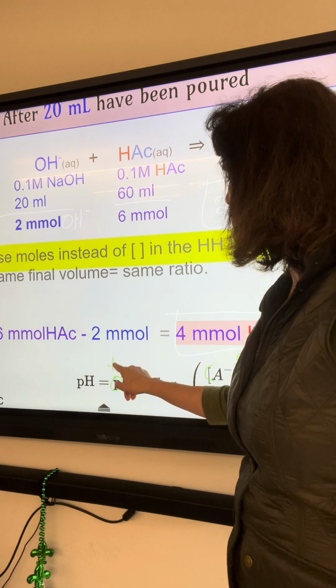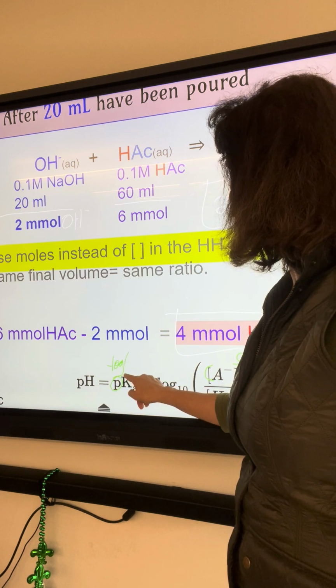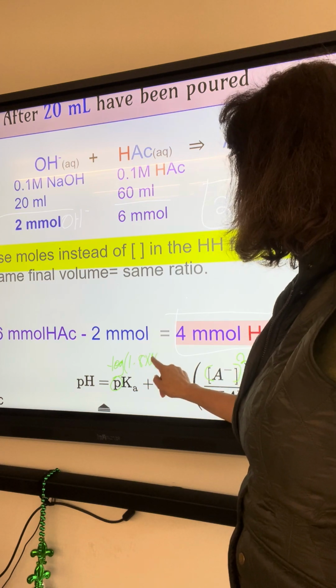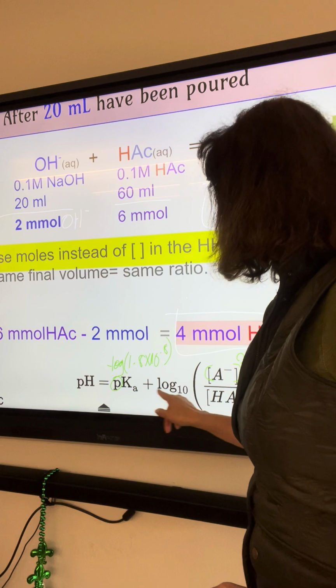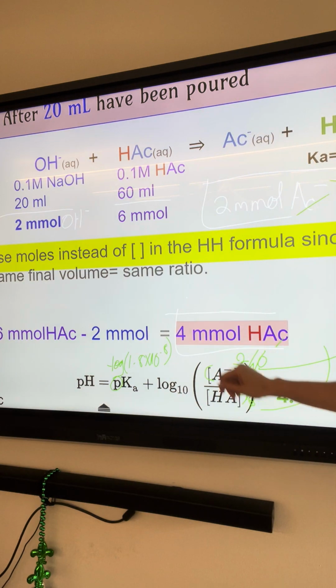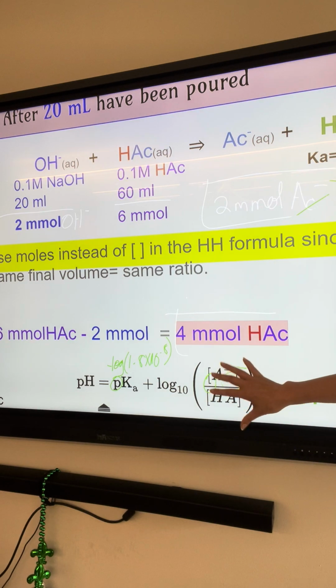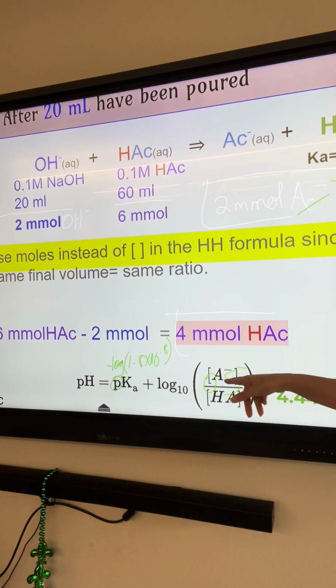Negative log. So take the negative log of 1.8 times 10 to the negative 5, and add the log of 2 divided by 4, which is 0.5. You can do concentrations if you want, it's just not necessary in this case. For all the buffers, you can just put moles.